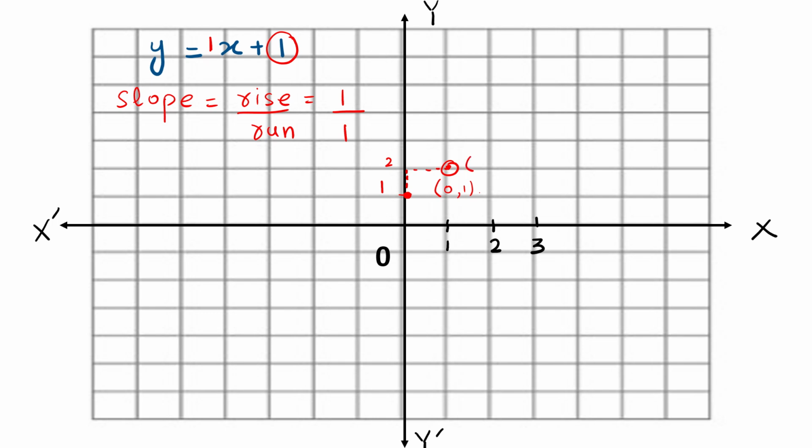So this point is 1, 2. Similarly, again going 1 unit up and 1 unit right, we get the third point, which is 2, 3. Now by joining these points, we get a line. This is the required graph.